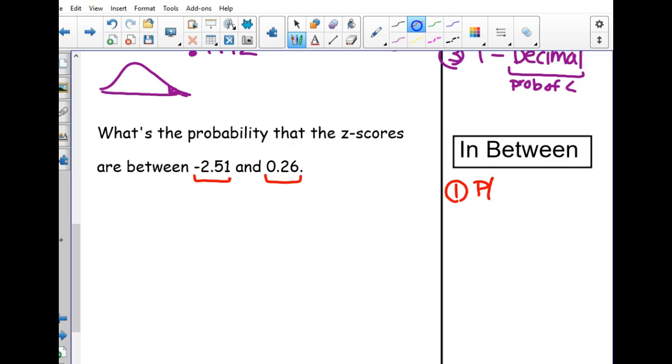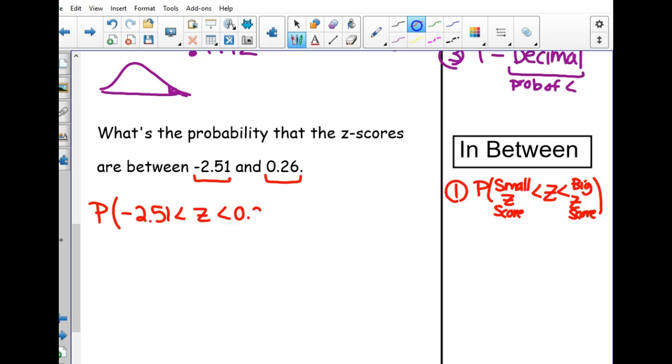So I take the probability of the small z-score is less than z, which is less than the bigger z-score. So I'm going to say, what's the probability of getting between negative 2.51, which is less than z, which is less than 0.26? Do we have any questions?